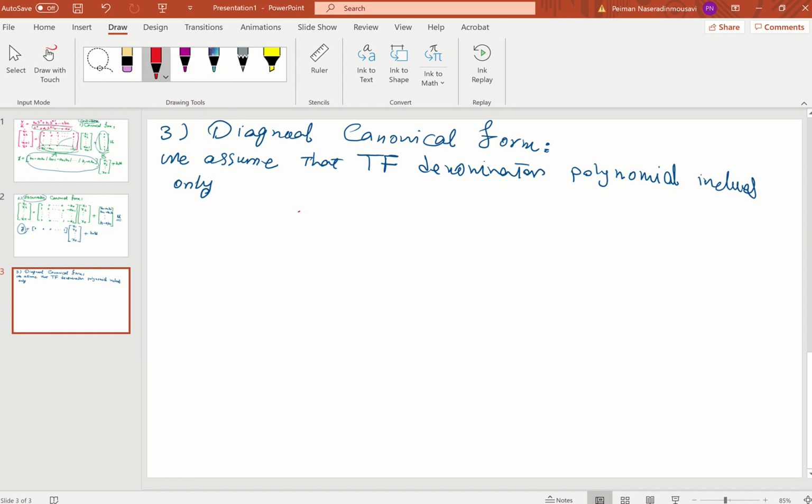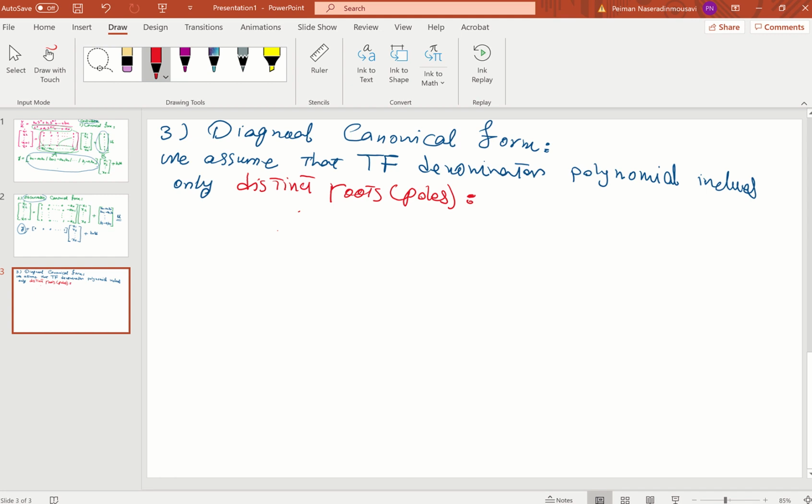I'm changing the color to emphasize, distinct roots or poles. Remember that, for example, in the vibration course that I was teaching or undergraduate control, we had the critically damped system.